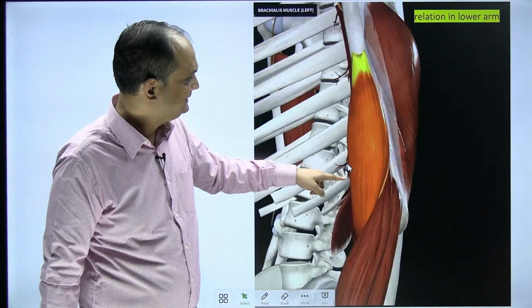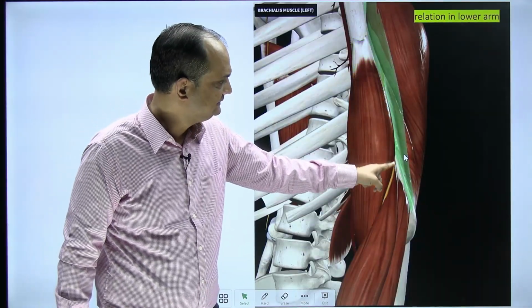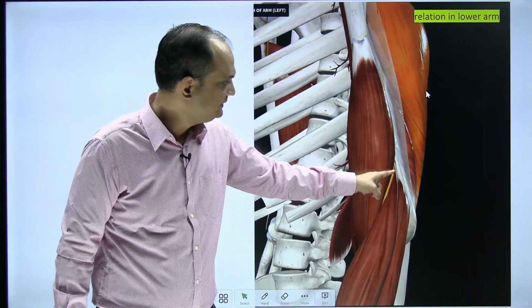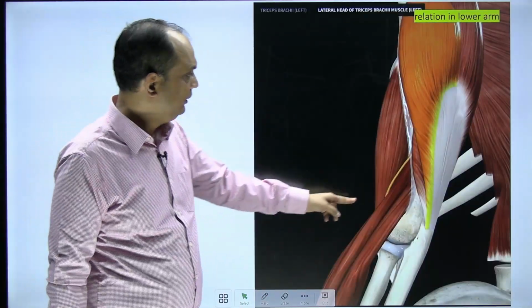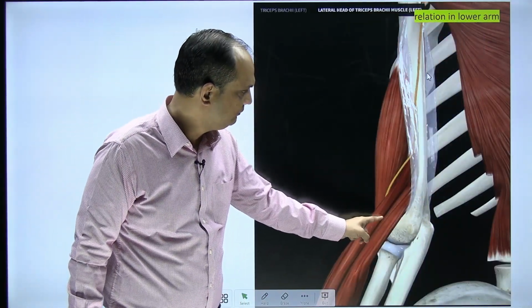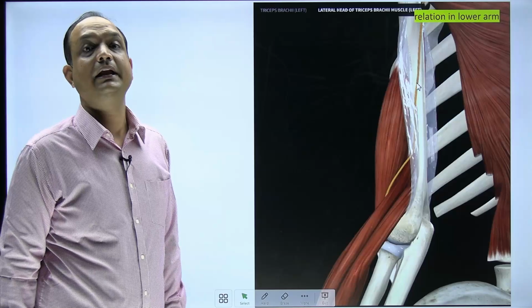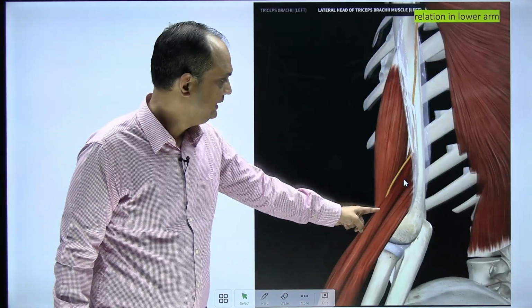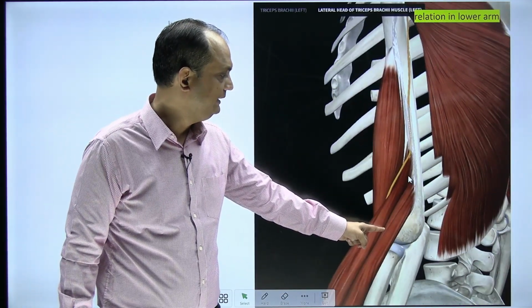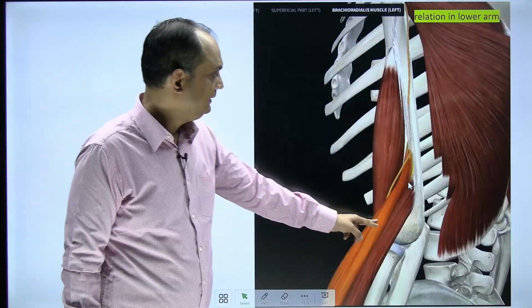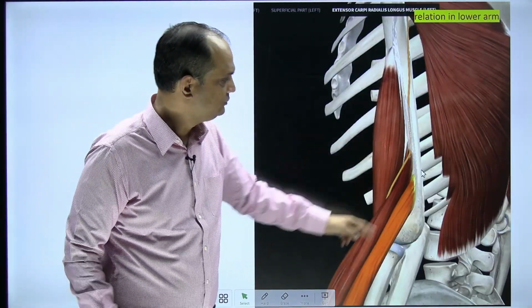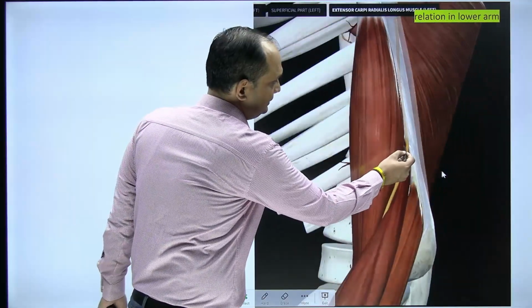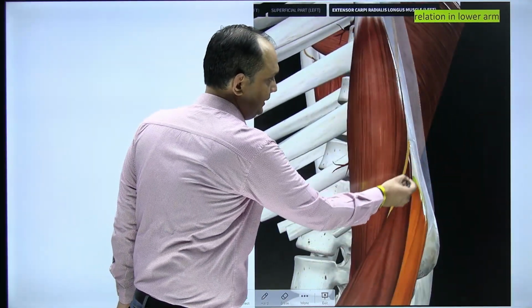Here on the lateral side, you will have the lateral intermuscular septum, which is attached on the lateral border of the humerus. Now here you will have two muscles. What are the names of these two muscles? Brachioradialis, and this is your extensor carpi radialis longus, and this is the muscle which is brachialis. Between the brachialis and these two muscles, you will have the nerve which is known as radial nerve.